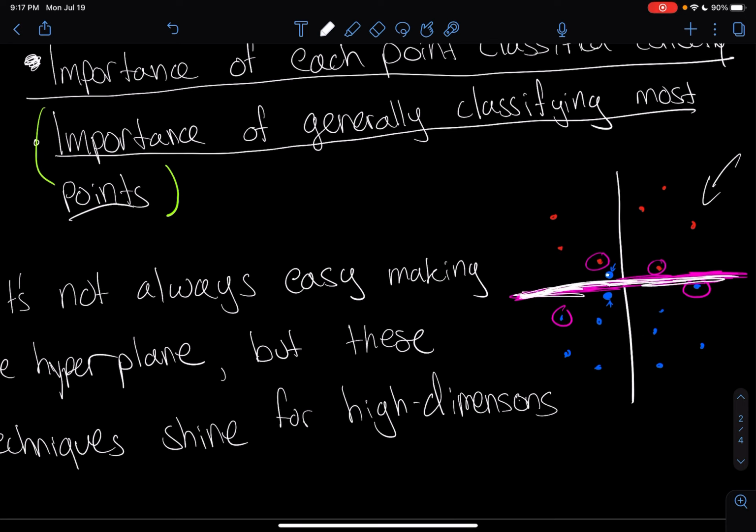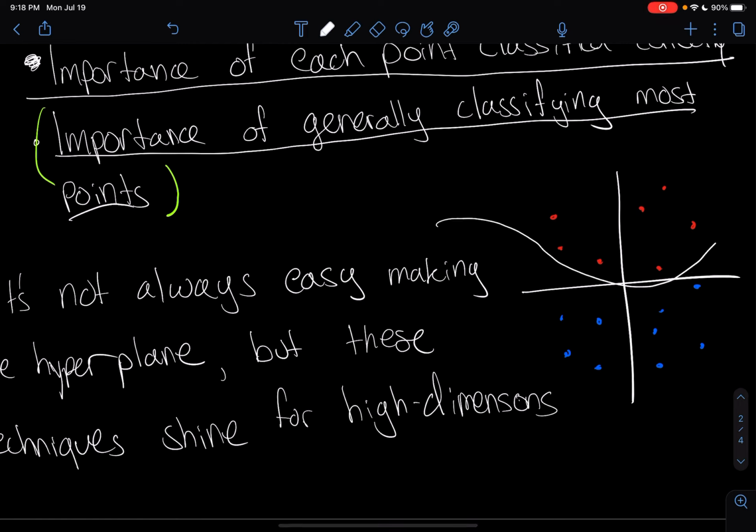Because in higher dimensionality data sets, you may no longer have a line, but you may have something that looks like a parabola, right? These different bends and curves, these low points and high points, can fit higher dimensionality data much better. You can imagine, let's say my hyperplane looked a little bit something like this.